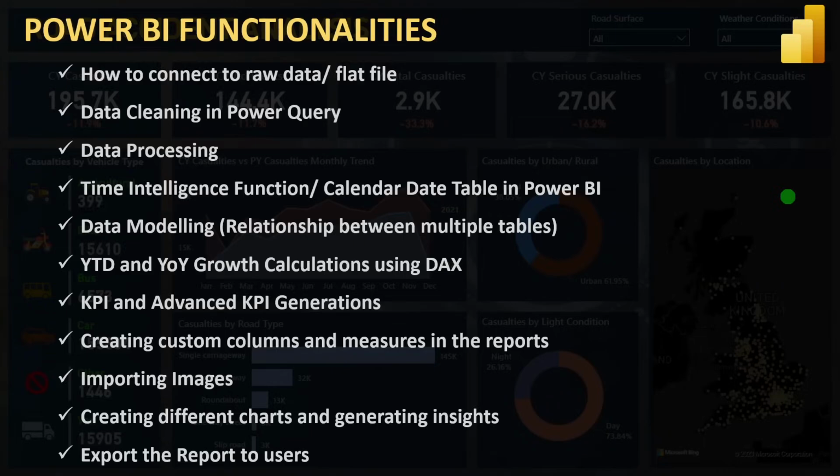We will create some KPIs and some advanced KPIs as well. Then we will create some custom charts and different measures in the report and some columns as well. We will be importing some images, how to import them, right? Then we will create different charts, generate the insights, and also explain how we can export this report, right?